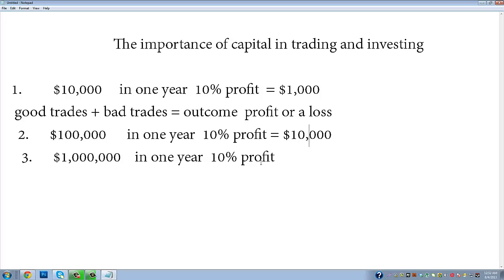If it is $1 million, you will have $100,000. So what conclusion can we take from these three examples? The conclusion is you should save more and more money to have a good capital.